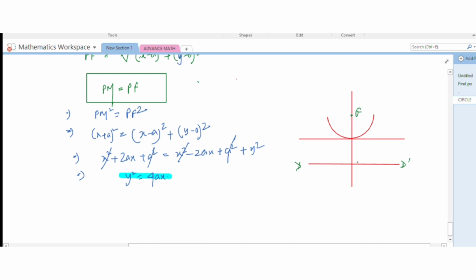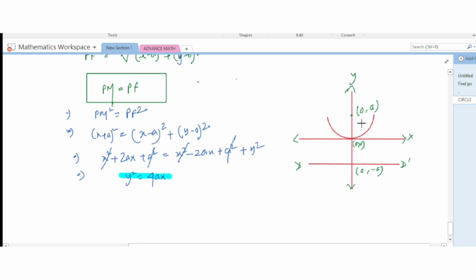So this F has what kind of coordinate? It is (0, a). Here the coordinate is (0, minus a), right? And here is our point, that is (0, 0), because this is our axis. Now the distances from these two fixed elements will be the same.